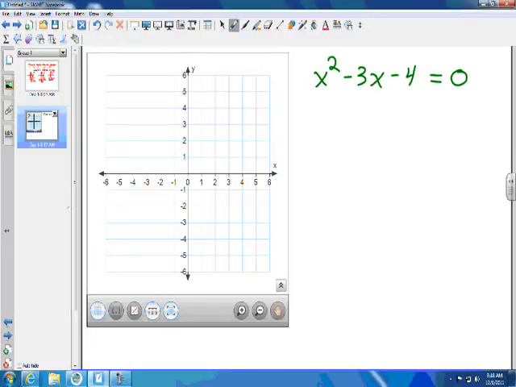So you're going to go through the same steps that we went through last time. Finding the y-intercept first, we make the x is 0, and what would we get for the y-intercept? -4. So that's the first thing we could graph. You could come right over here on the y-axis and graph -4.